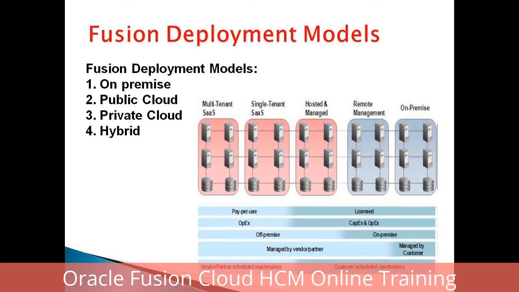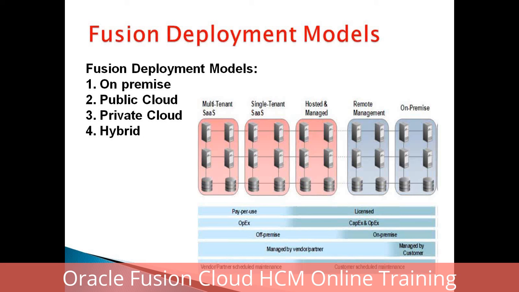The data center will be with the customer, but the management of the data center can be done by Oracle. That's what we call on demand. So everything happens like on-premise, licensed everything, but the management of the data center will be taken care of by Oracle. So patch applying, upgrades, everything will be taken care of. So these are mainly the on-premise solutions.